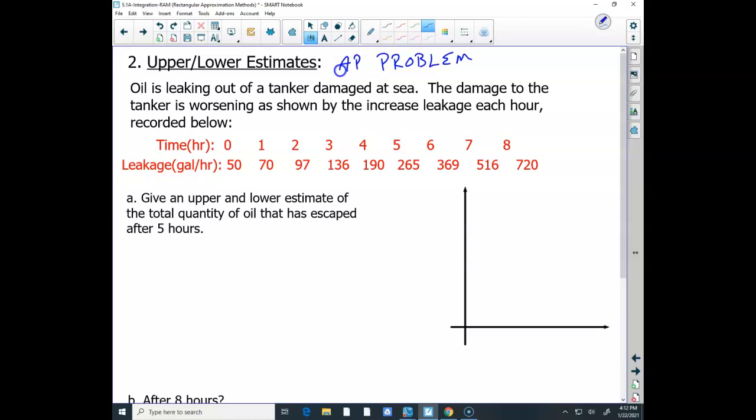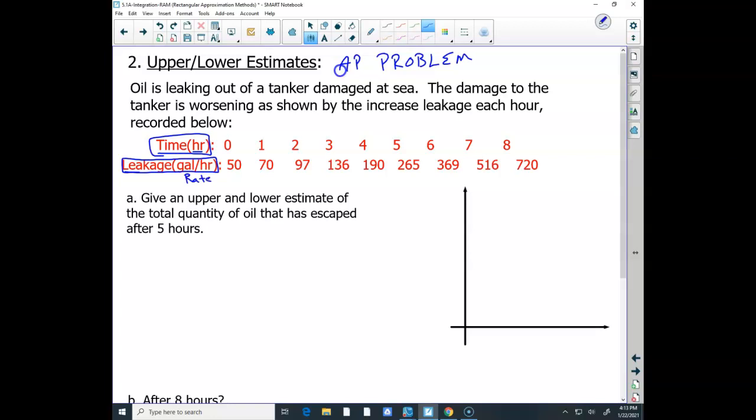Oil is leaking out of a tanker damaged at sea. Damage to the tanker is worsening as shown by the increased leakage each hour recorded below. They gave us particular times in hours and the leakage in gallons per hour. So that's a rate.